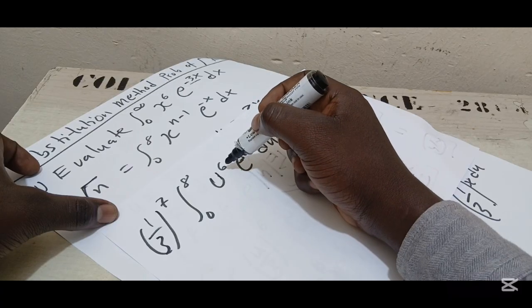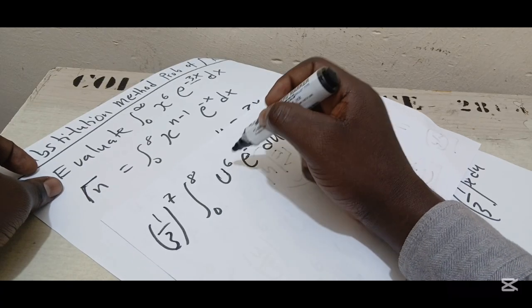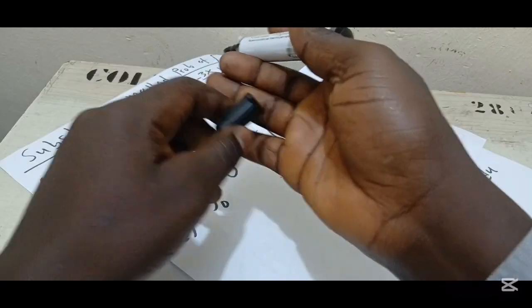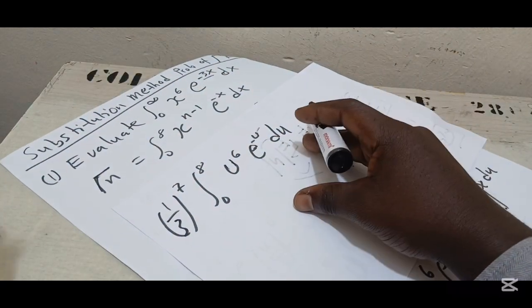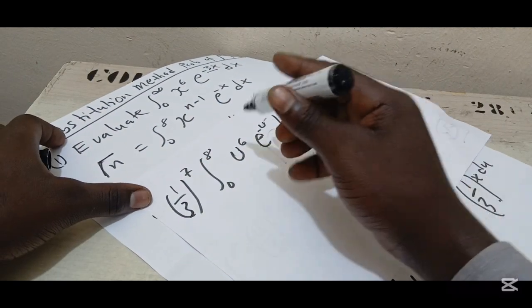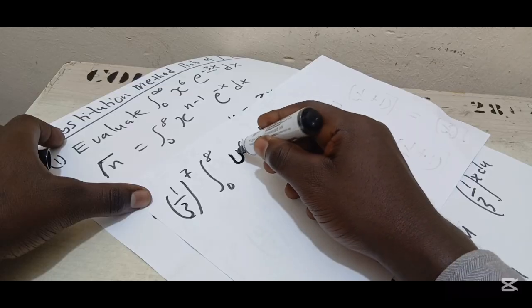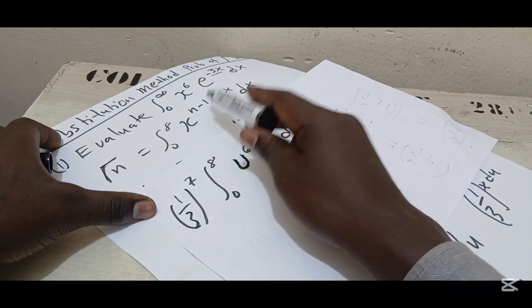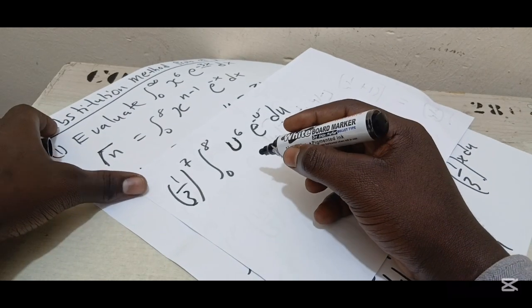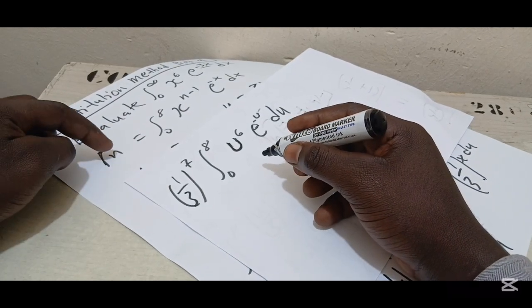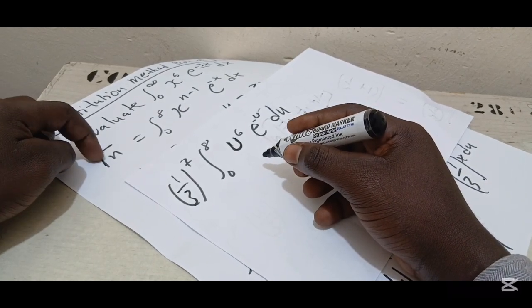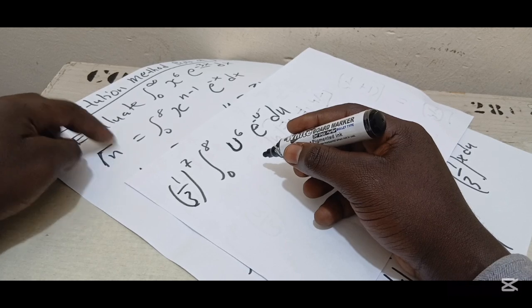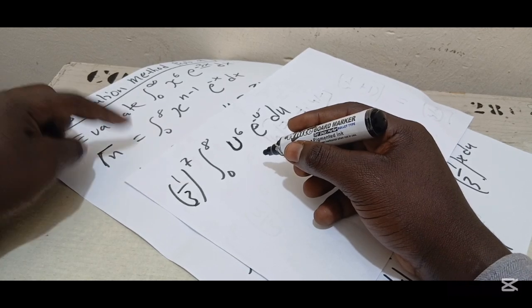So we can now go ahead and equate the exponent of u to the exponent of x to look for our n, because we want to know the value of n so that we can take gamma of n.